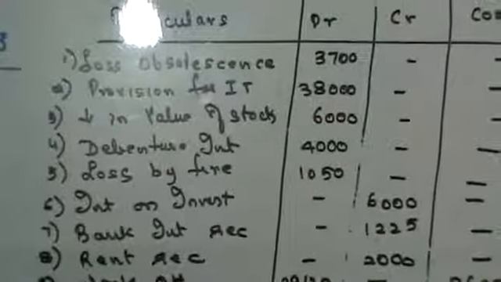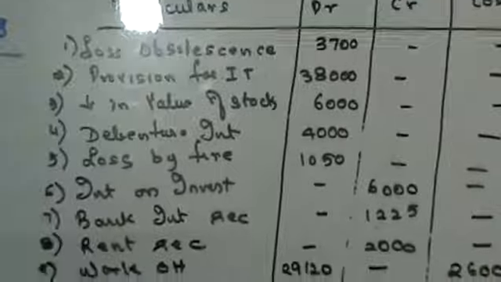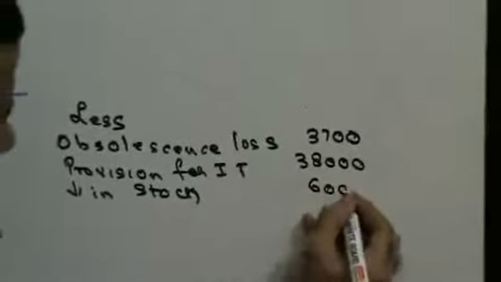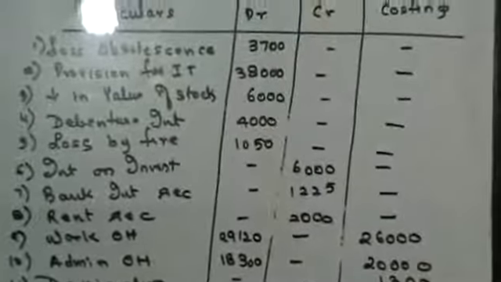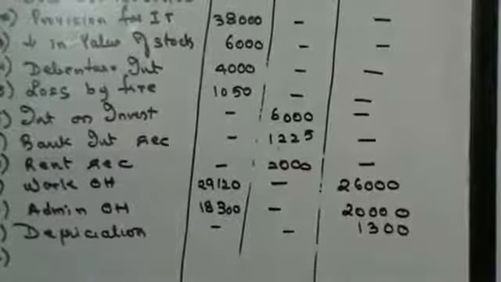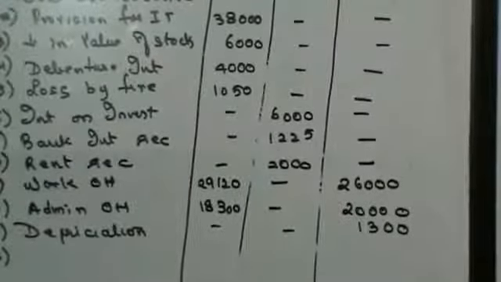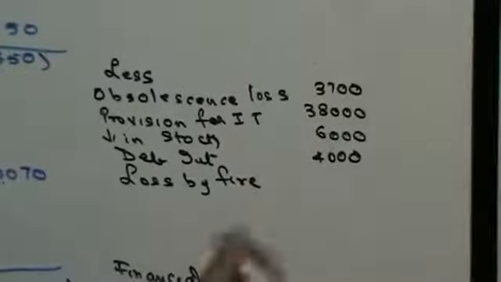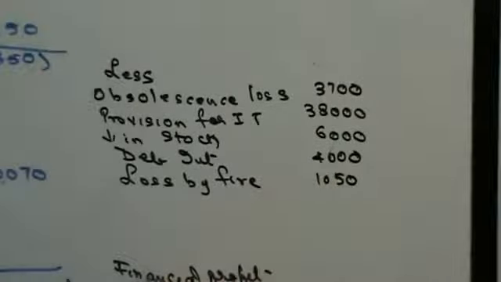Next, decrease in value of stock, 6,000. Next, debenture interest, 4,000. Next, loss by fire, 1,050.